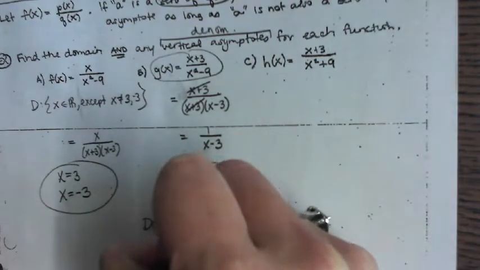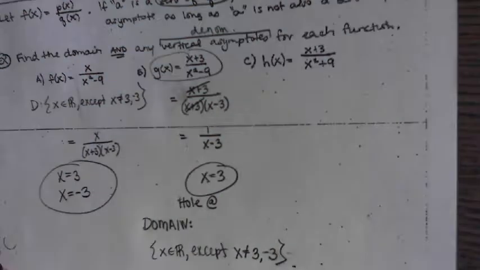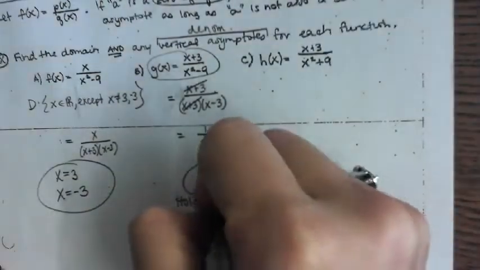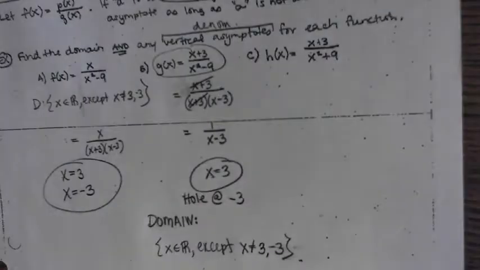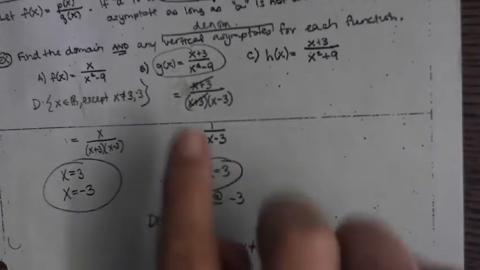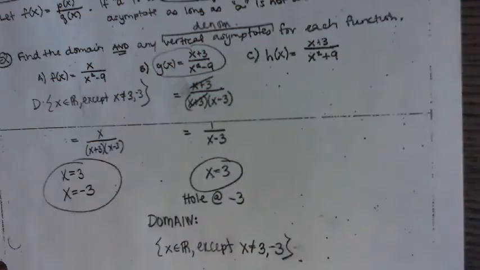When something cancels out, there's a hole in your graph at that 0. So x equals 3 is an asymptote. But at negative 3, you're not going to see an asymptote, you're going to see a hole. So when things simplify and cancel, you see a hole.